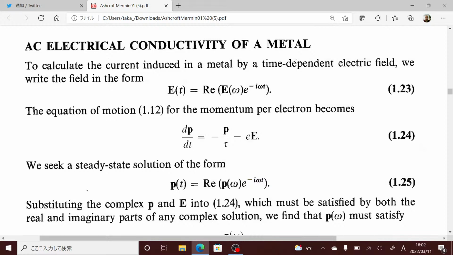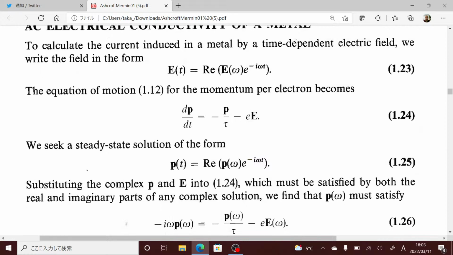To calculate the current induced in a metal by a time-dependent electric field, we write the field in the form: the electric field as a function of time is the real part of E of omega times exponential of minus i omega t.